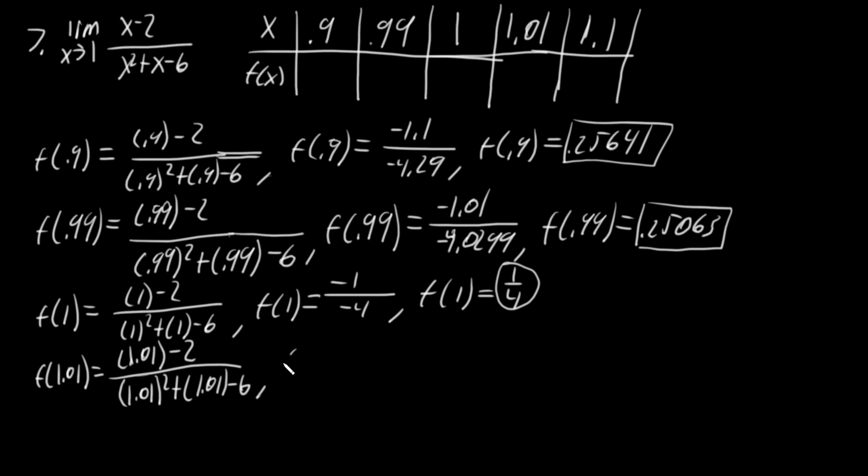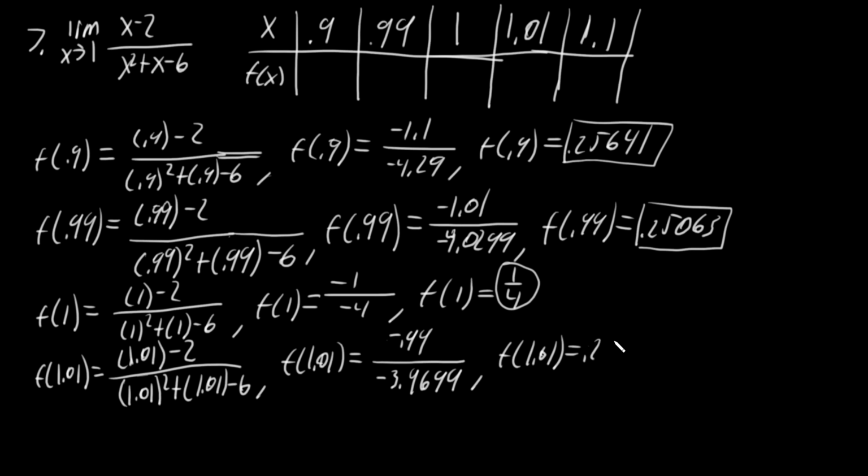We'll just grind it out, and we end up getting over here negative 0.99, all over negative 3.9699, and this all in turn simplifies down to a nice value of 0.24938.